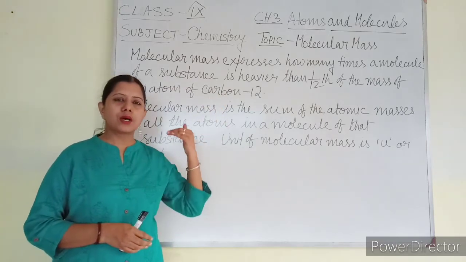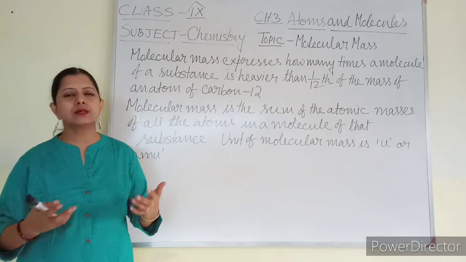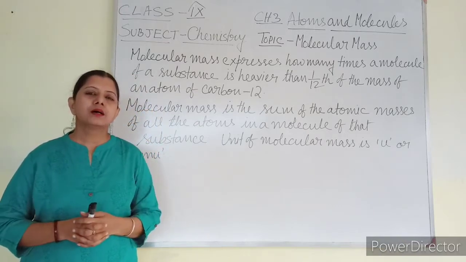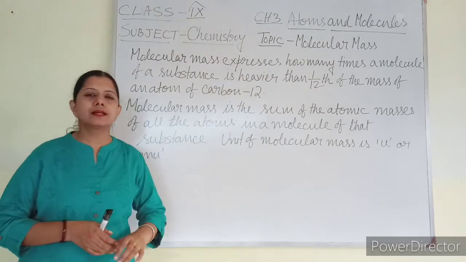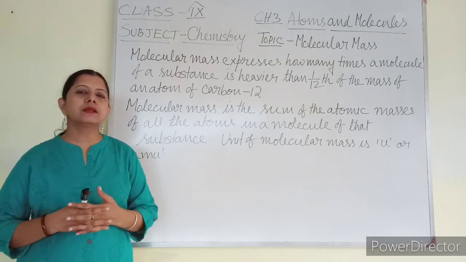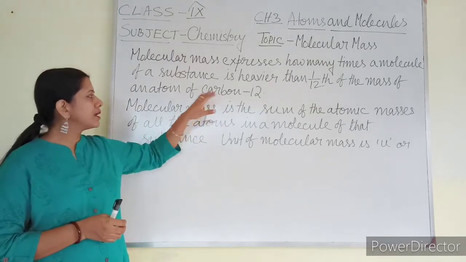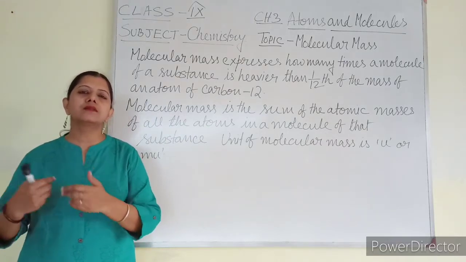Because it is one of the isotopes of carbon. Carbon has two isotopes, more than two also, but two are mainly known to everyone. One is carbon 12, another one is carbon 14. Carbon 12 is available in maximum amount. Carbon 12 means one atom of carbon, its mass is 12 units.